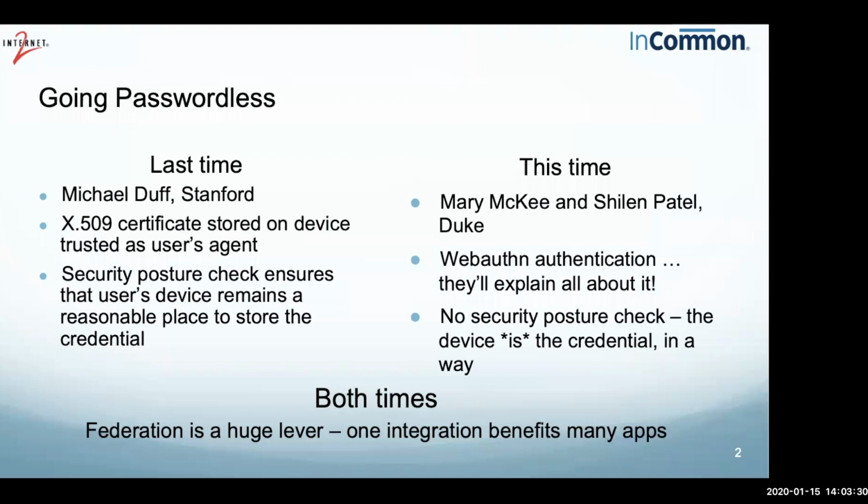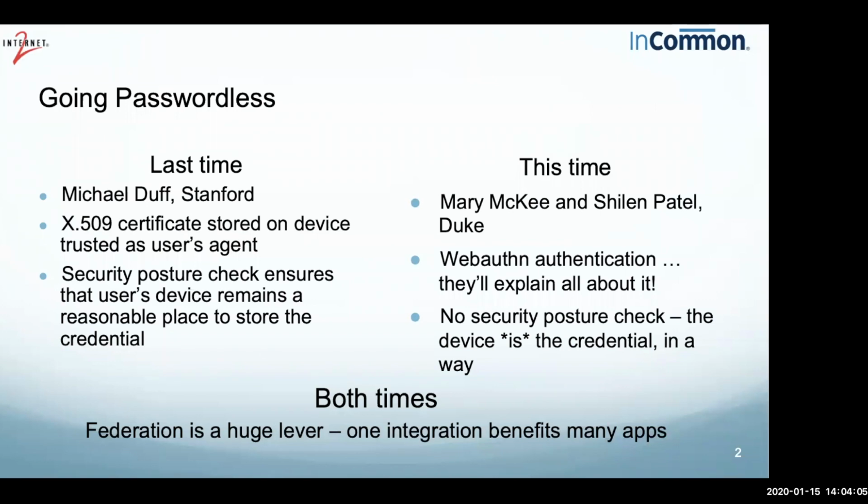Last time, 2 months ago, in terms of going passwordless, we heard from Michael Duff of Stanford about their X509-based password authentication approach that has a lot of things in common with, and a number of things different from, what Mary and Shillen are going to tell us about what Duke is doing with their WebAuthn-based approach. One of the differences that you'll see, and I would encourage folks who were also on the Stanford one to think about what's alike and what's not alike between the two approaches.